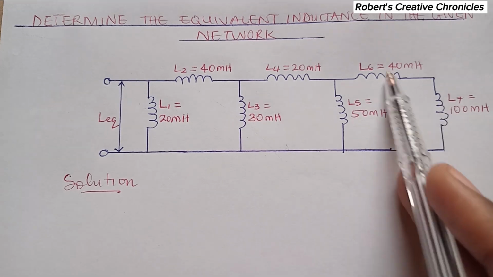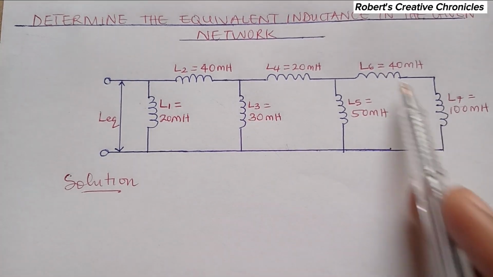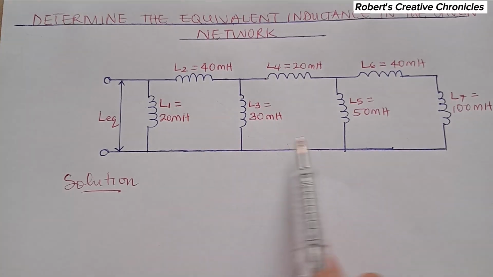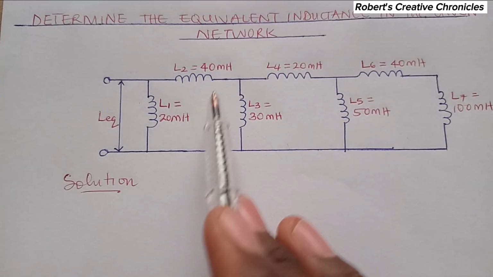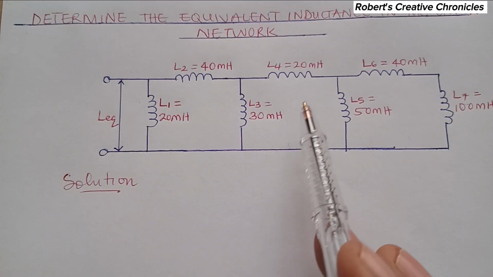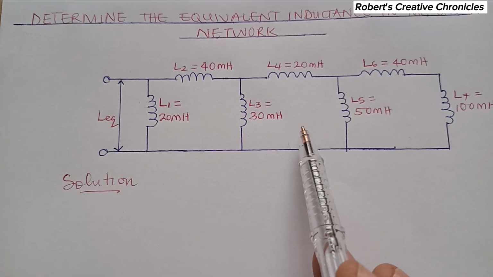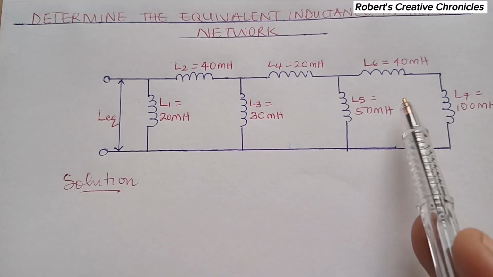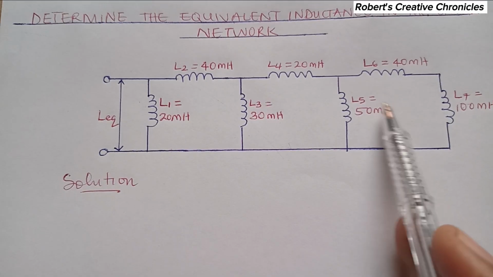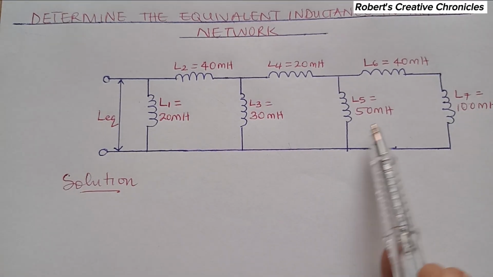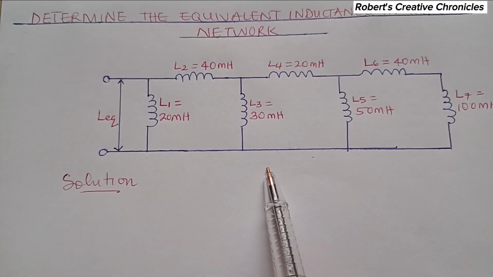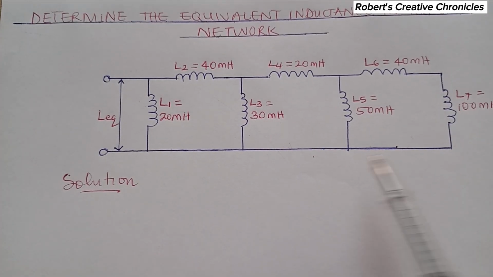Hence, these two are said to be in series. The method of finding equivalent inductance for inductors is the same as that of finding equivalent resistance for resistors. So if you know how to find the equivalent resistance of resistors in a circuit, you will be able to find this for inductance. It's only that of capacitors that differs.